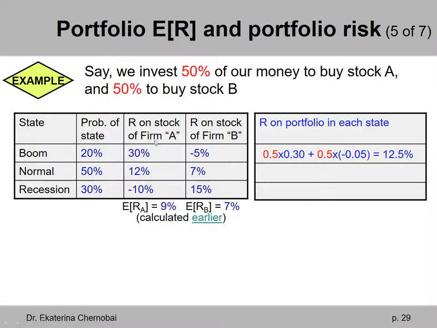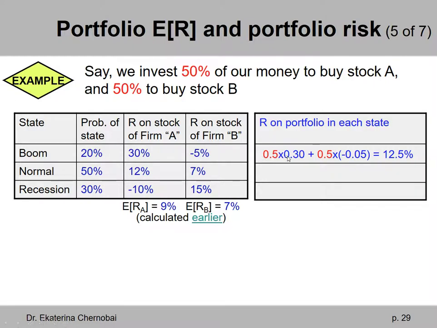If we bought just stock A, we would get a 30% return in boom. But we don't spend all 100% of our money into stock A purchase, only 50%. So we're going to earn 50% of 30%. Then we don't spend all of our money on stock B either. So we're not going to lose 5%, but because we only invest half of our money, we're going to lose half of 5%.